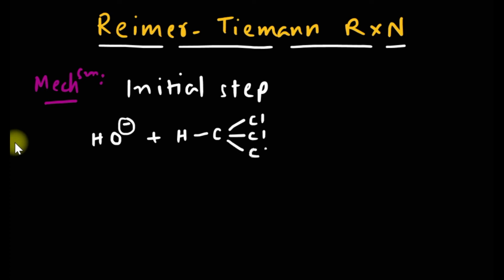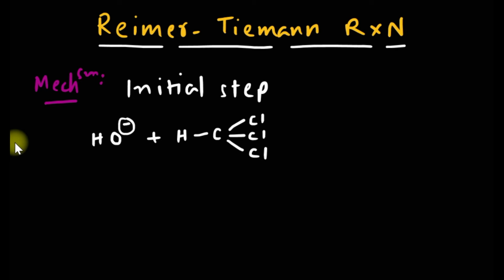Okay, this carbon hydrogen bond is acidic because there are 3 electronegative chlorine atoms attached to carbon. As a result, the electrons have a tendency to move towards carbon. So this hydrogen is always ready to go from chloroform.